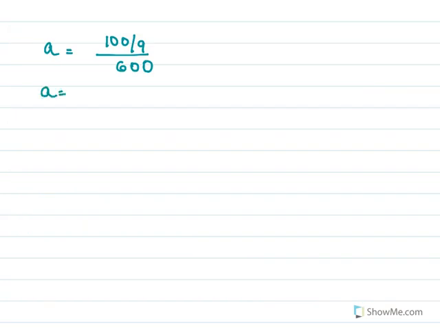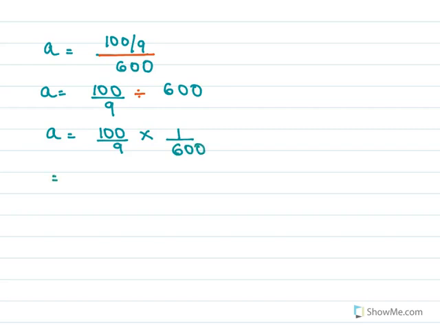Let's simplify it. We'll write 100 by 9 divided by 600. The meaning is the same. So A equal to 100 by 9, the division I will make multiplication, that will be 1 by 600. And when I cancel this, I get 1 by 54 meter per second square.